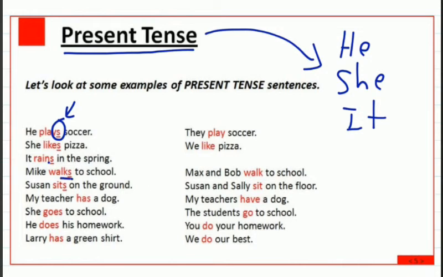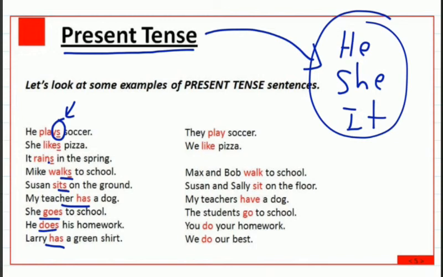Mike walks to school. Susan sits on the ground. My teacher has a dog. She goes to school. He does his homework. Larry has a green shirt. So with subjects he, she, and it, we're either going to put an S at the end of the verb, or we might even change the verb from something like have to has.